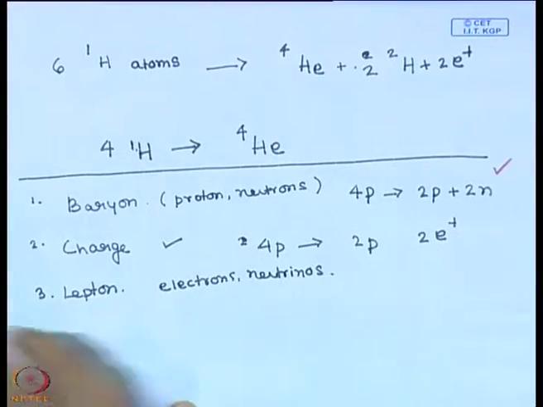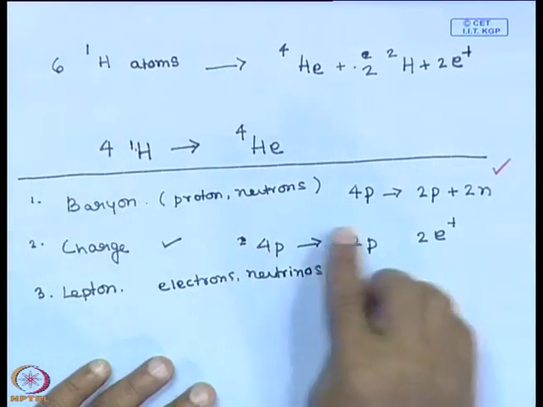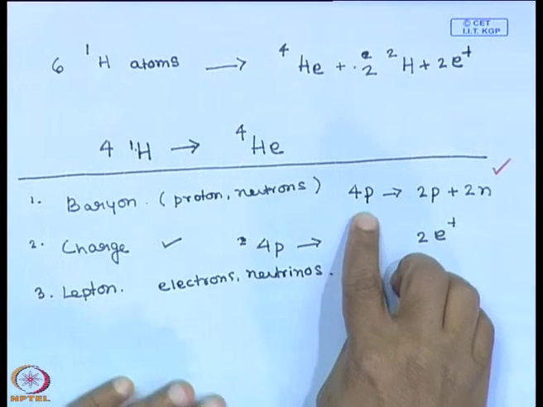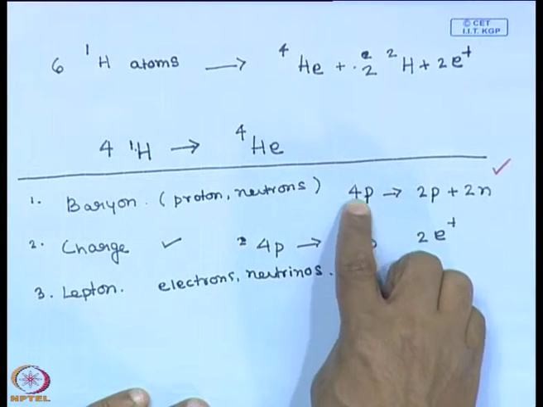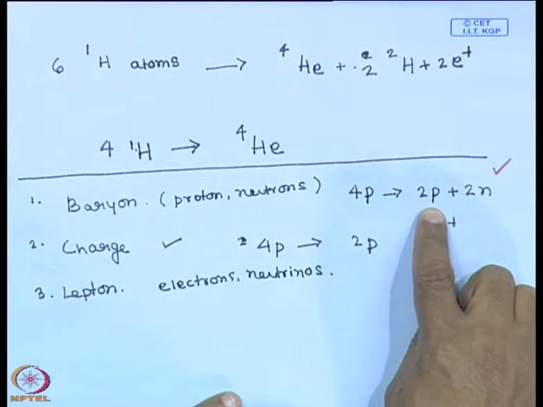Okay. So, let us analyze this reaction. To start with, if you take the protons, there are no leptons associated with it, and you finally produce protons, neutrinos.